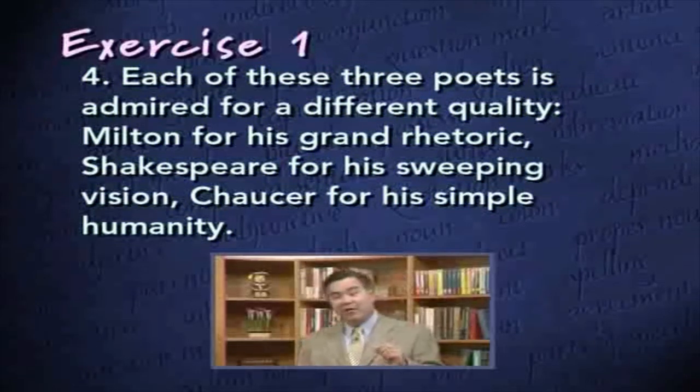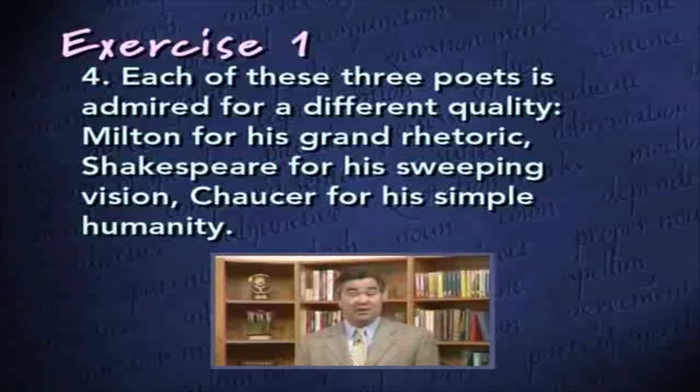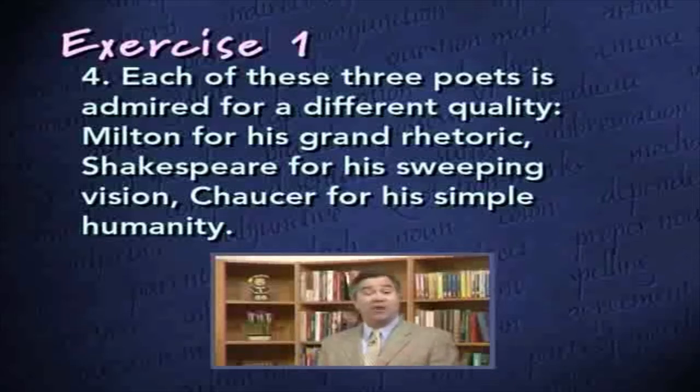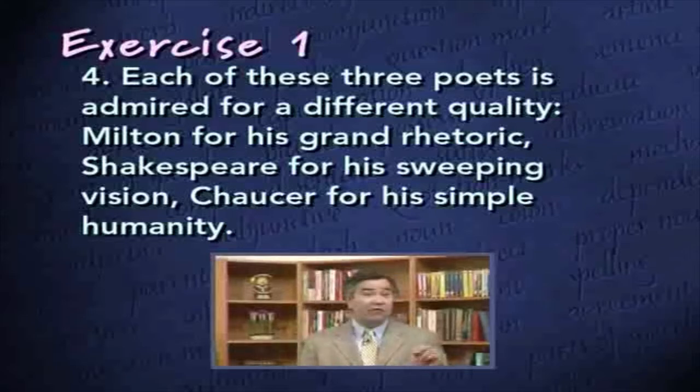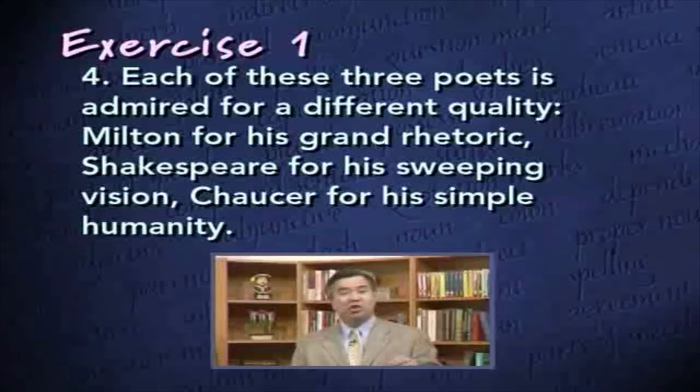Let's take a look at how the writer of this sentence was careful to follow the principle of parallelism. He's listing 3 poets and the quality for which they are admired. And let's look at how each of these phrases was set up and notice how parallelism was maintained. In each case, the phrase begins with the name of the poet: Milton, Shakespeare, Chaucer.